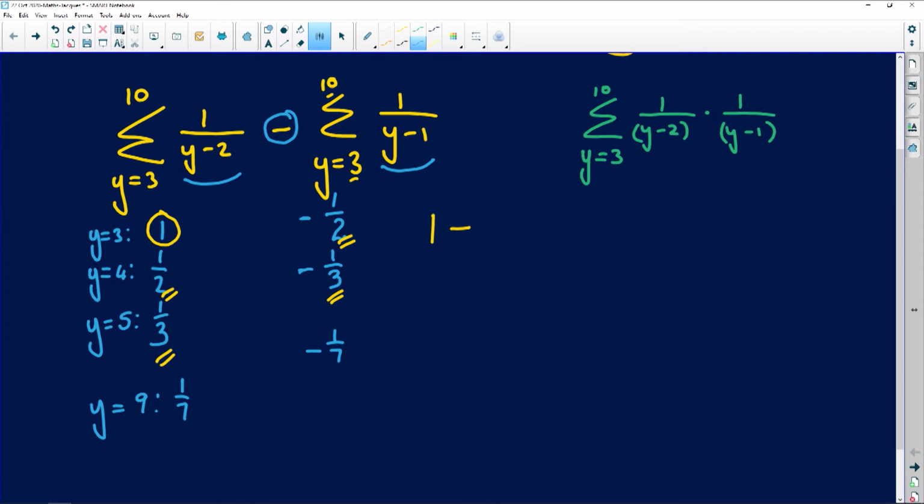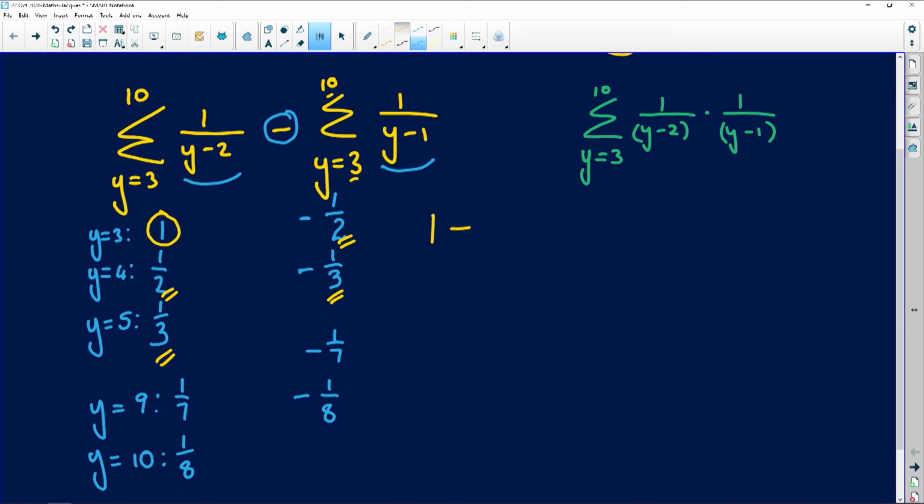And this is 8, 8 minus 1 is 7, and we're subtracting. So if y is equal to 9 on this side, I get 1 over 8. And what am I doing? I'm subtracting it. So here, the last term in the first sequence is 10 minus 2, which is 8. So I have 1 over 8 over here.